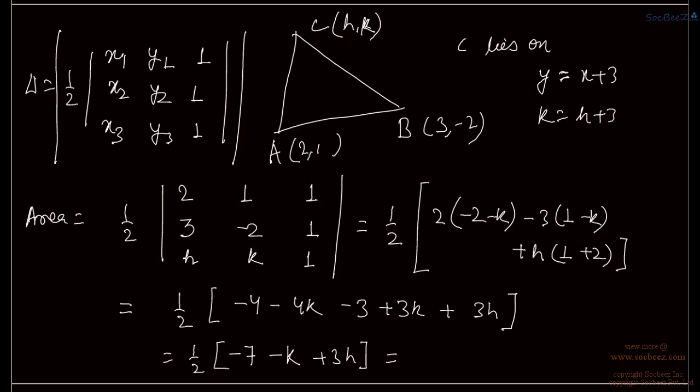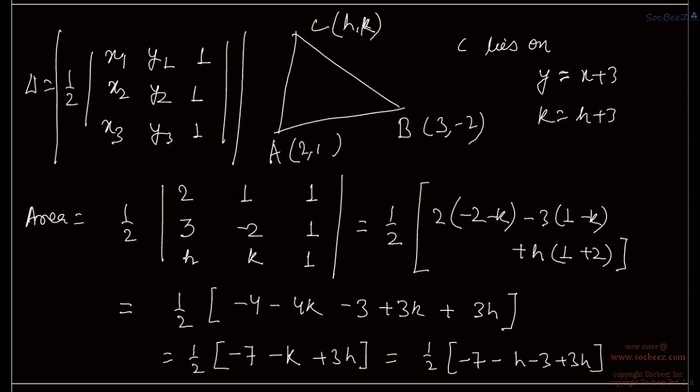So we can write k as h plus 3. So this is minus 7, k as h plus 3 means minus h minus 3 plus 3h, which is equal to minus 2h minus 10, okay.